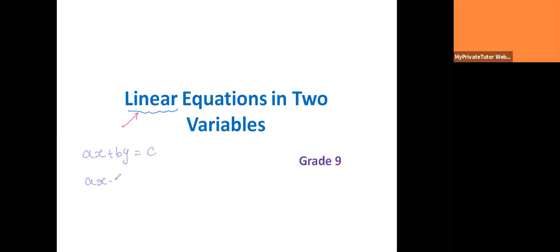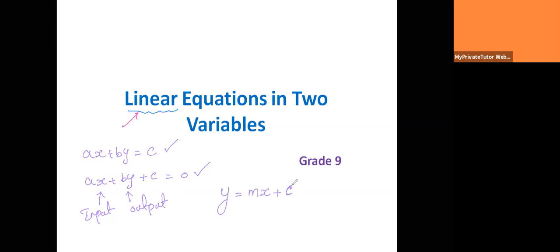Some countries use ax plus by plus c equals 0, but both are the same. And x is the input, y is the output. In a linear equation we do have another form, which is the slope-intercept form, mx plus c or b.